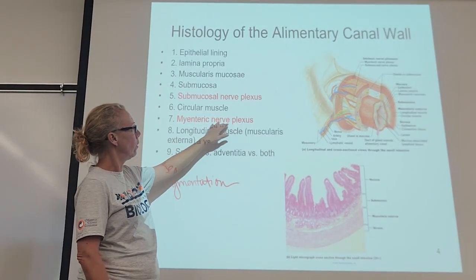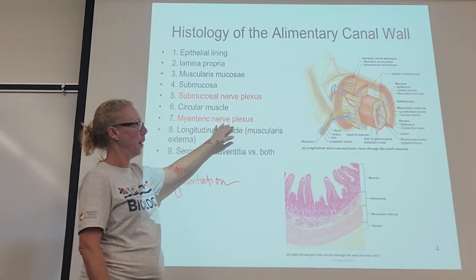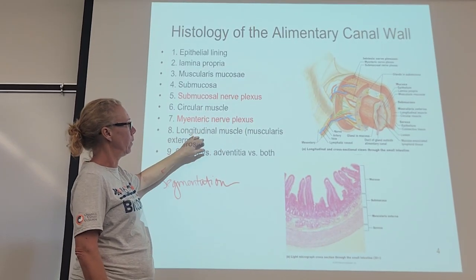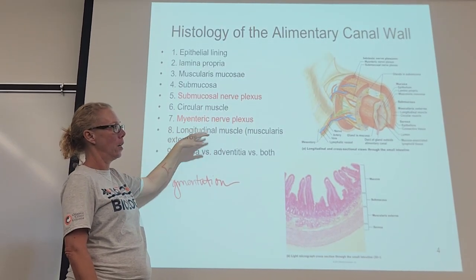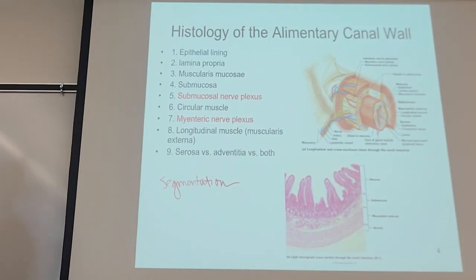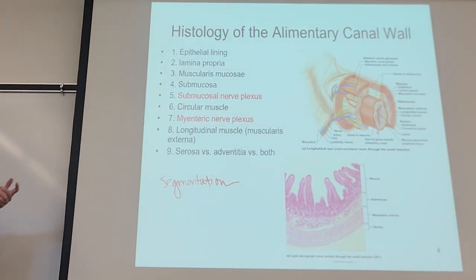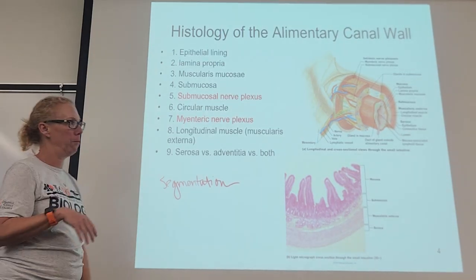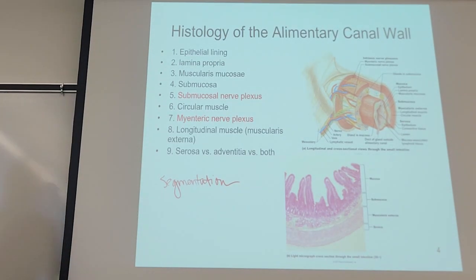The myenteric nerve plexus, in between the circular and longitudinal layers, is most likely going to promote some sort of movement, some sort of propulsion or segmentation, allowing product to be further divided into smaller pieces.